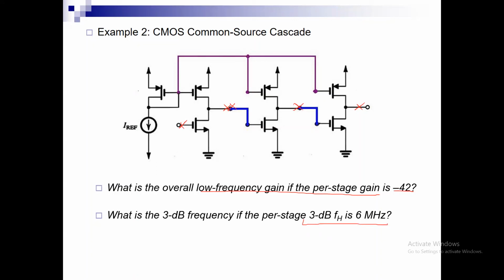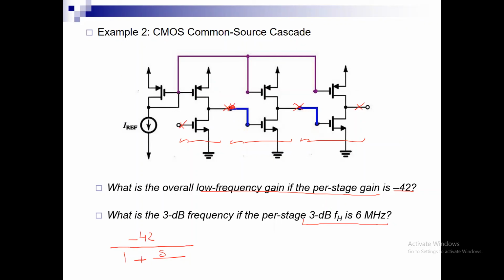Now we agreed last time that the gain is the product of all gains and that they are not loading each other, so I can assume that all the stages have the same gain, which is going to be A_M, which is minus 42, over 1 plus S over omega h, where this is 6 megahertz.